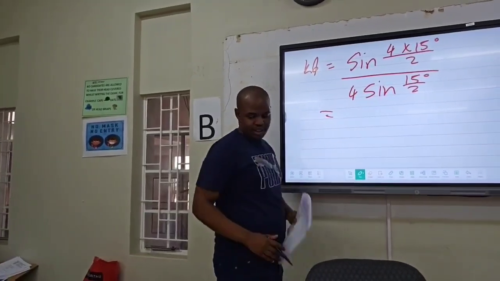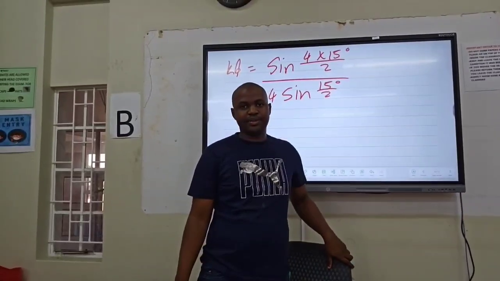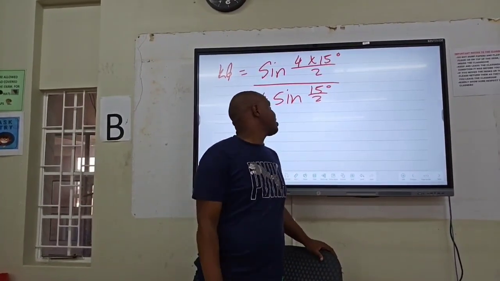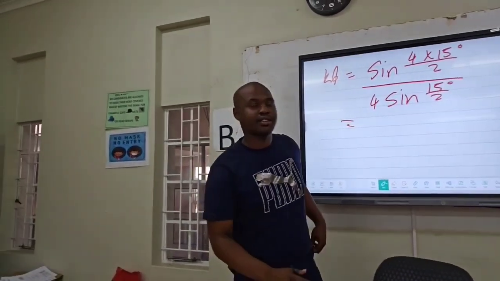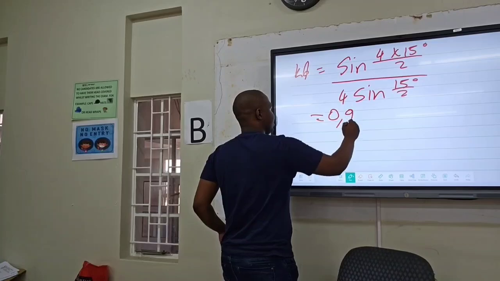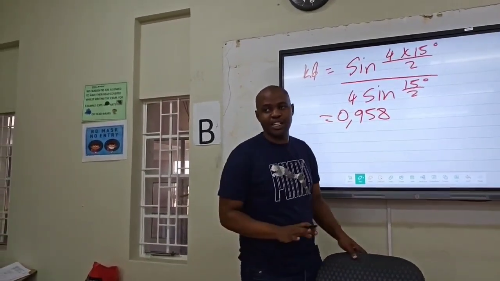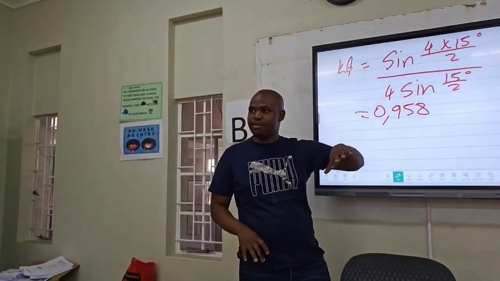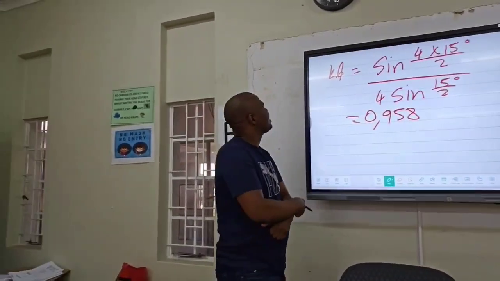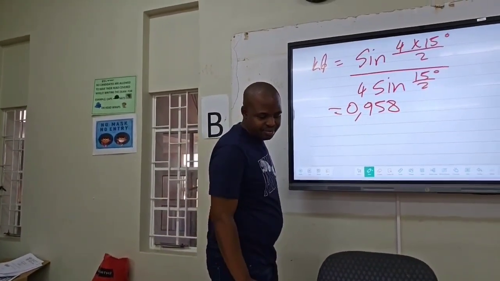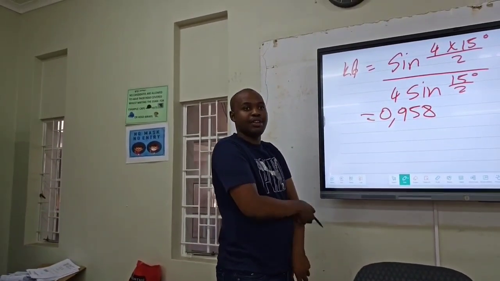The answer is 0.958. Distribution factor and pitch factor normally are 0.9 something, not over 1. We have found the distribution factor.